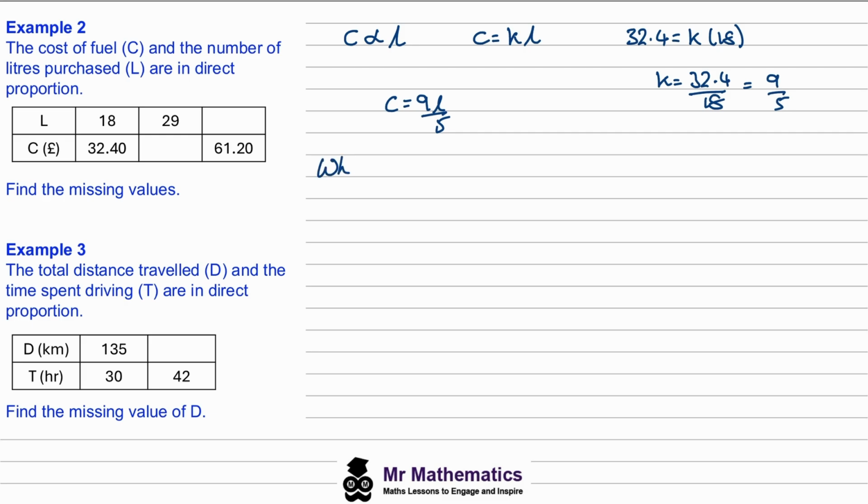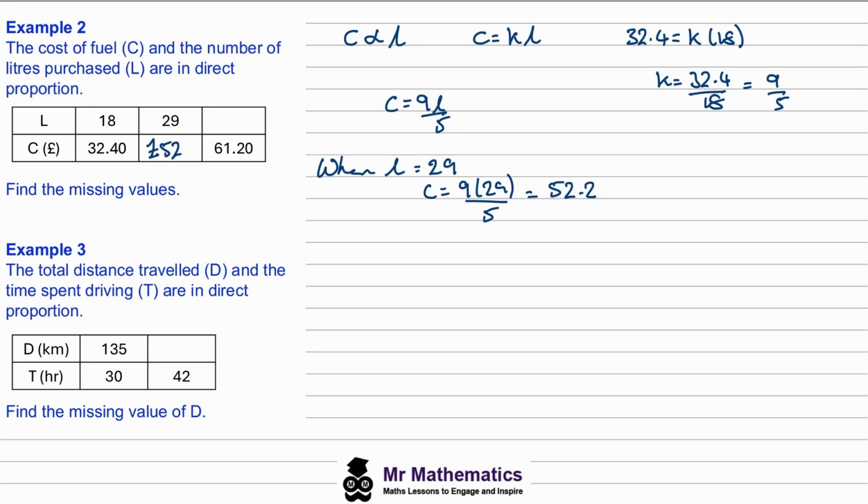And when L equals 29, the cost will be 9 lots of that 29. We're substituting L back into our model, and we're dividing it by 5. And this works out to be 52.2.